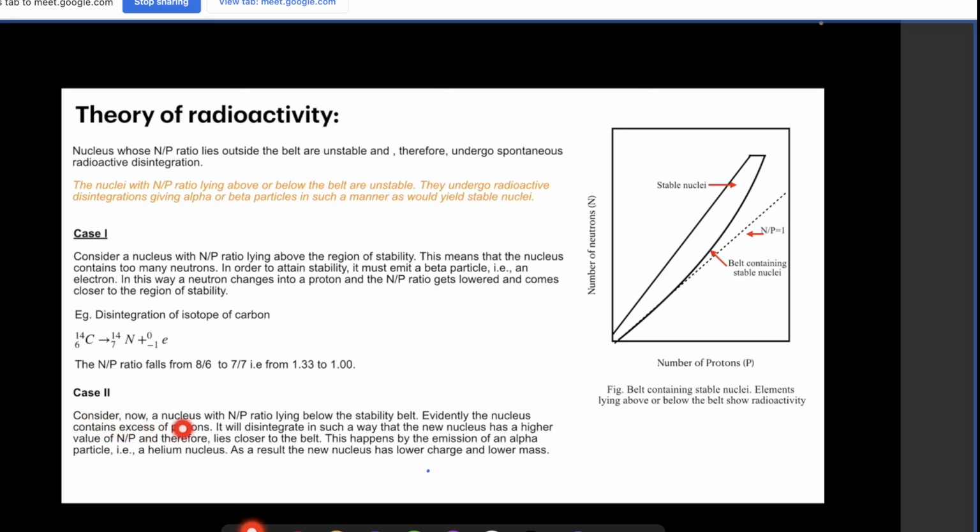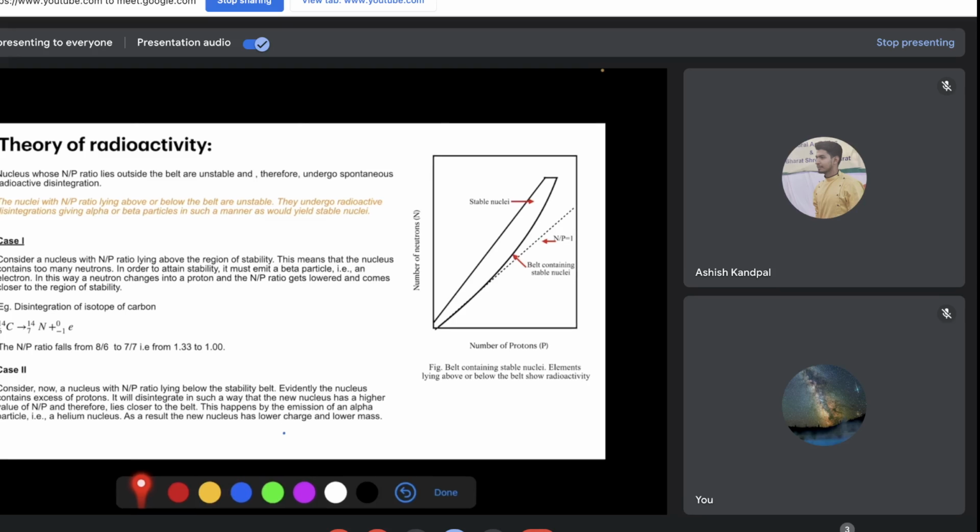And case number 2 you can consider, where my N upon P ratio lies below the stability belt, and evidently the nucleus contains an excess of protons. So it will disintegrate in such a way that the new nucleus has a higher value of N upon P, and therefore it can come closer to the belt. This happens by the emission of an alpha particle, that is a helium nucleus. As a result, the new nucleus has lower charge and lower mass.